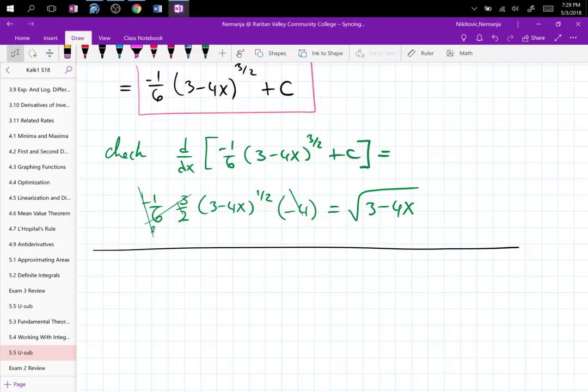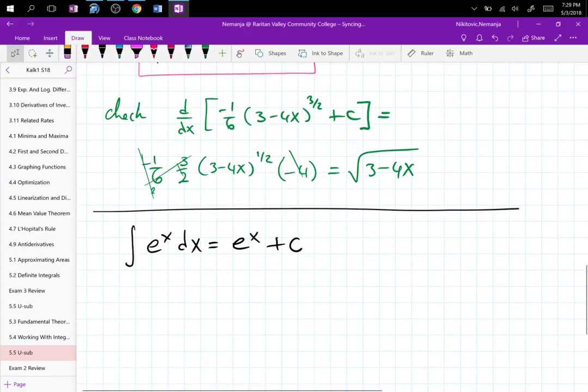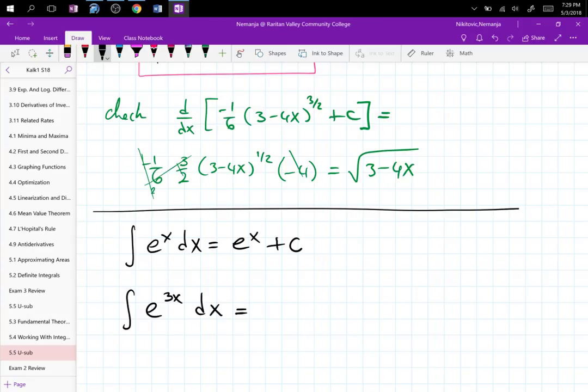Another example. The integral of basic e to the x dx is what? Yes. But now, if I have the integral of e to the 3x dx, I asked you to memorize the formula for this, but I also promised you that I will show you the actual work behind this.